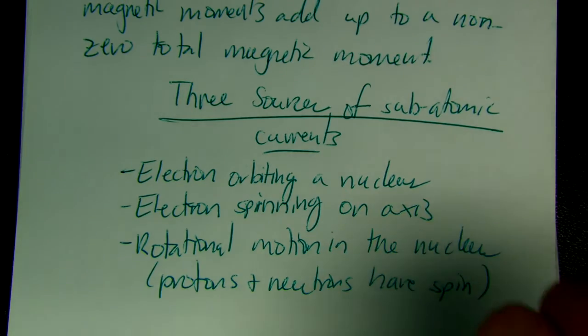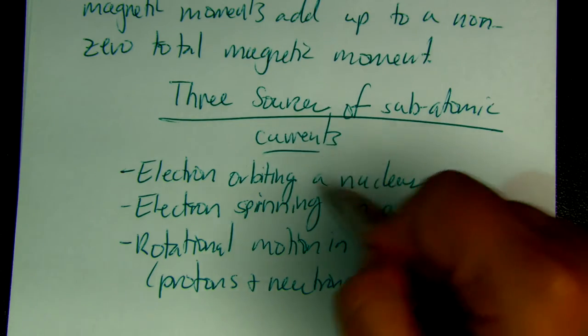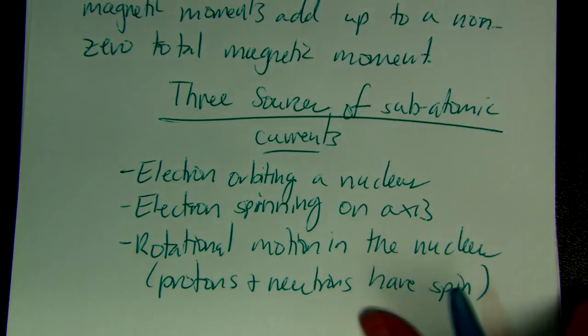Now, if something has spin, so it's moving around, like the electrons orbiting around their axis and orbiting around a nucleus, then they all have angular momentum, which, remember, has to do with circular motion.